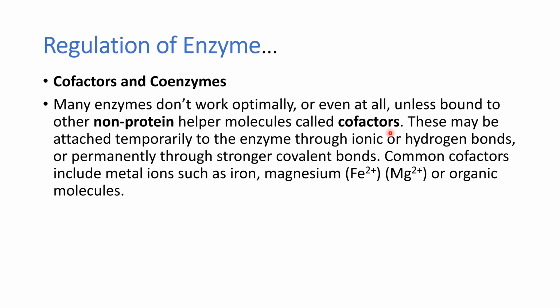These cofactors could be metal ions, or they could be organic molecules. Generally the term cofactor is for any helping material which is not enzyme in nature, which is not protein, not a basic enzyme structure. That is helping it, and that helper is called the cofactor.